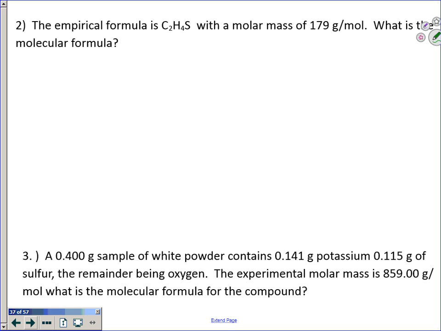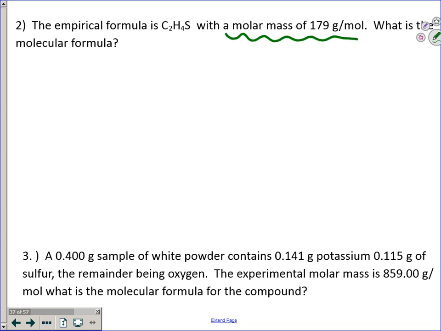And then it says the molar mass of the compound is 179 grams per mole. So you have the empirical formula, you have this. How do I find the molecular formula? That's my first step. We've already done the step to find the EF. We're done with this. I need to find the molecular formula.